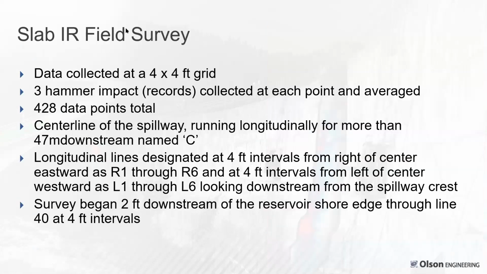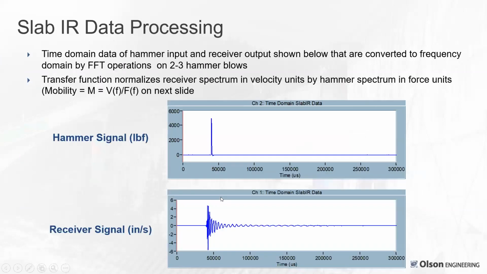So the slab IR was done on a 4x4 foot grid with 3 hammer impacts collected at each point, and the response is the velocity transducer. 428 data points total. Took about a day and a half to do that on the spillway and about a day and a half to complete the radar because of the slope. And so we ran these lines, did the testing on this grid.